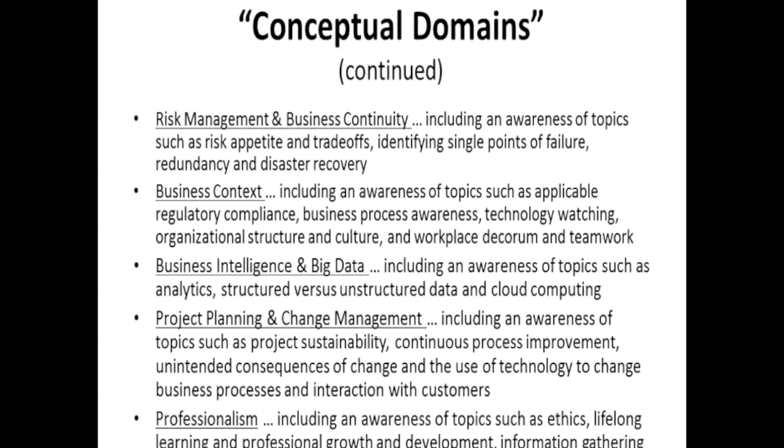I think we do far too little to prepare students to understand that their IT skills will be executed in the context of some particular business, and that business has a big influence on the manner in which their IT skills are integrated. Business intelligence and big data, of course, cloud computing, and oh my God, how do we deal with analytics and things of that sort.